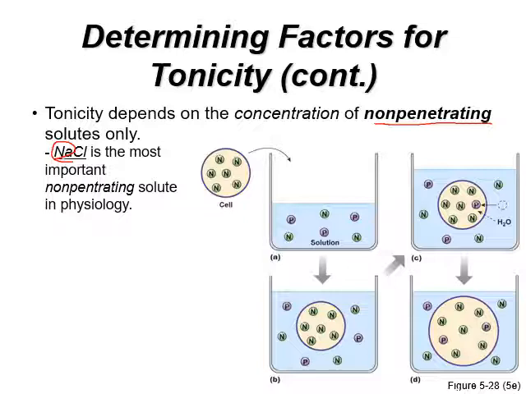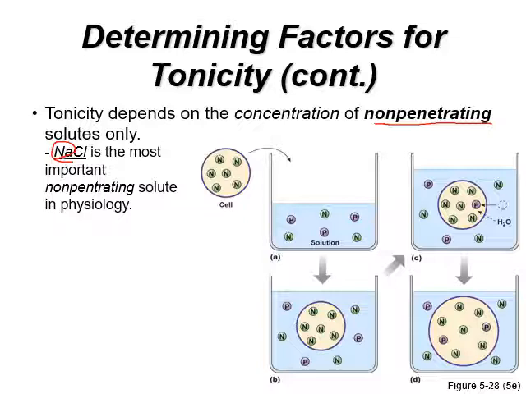And so why do we care about this tonicity? You saw tonicity affects the cell's shape. Would you really want your cells shriveling up, or would you want your cells swelling to a point where they could almost burst and break open? No. So we want to keep our cells nice and happy in health. We're going to be using IVs, and it's important that the osmolarity of those IVs match so we can keep our cells nice and happy.